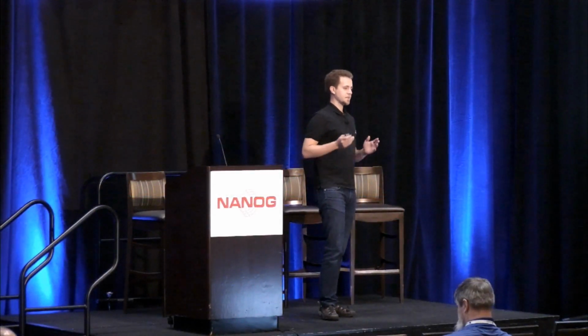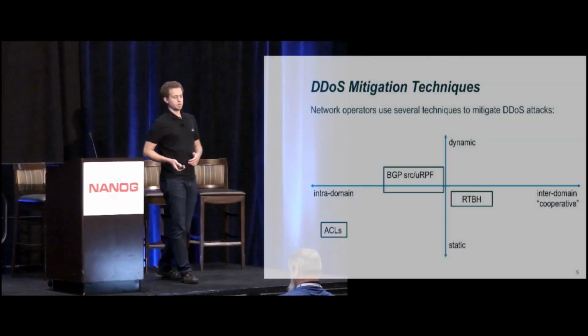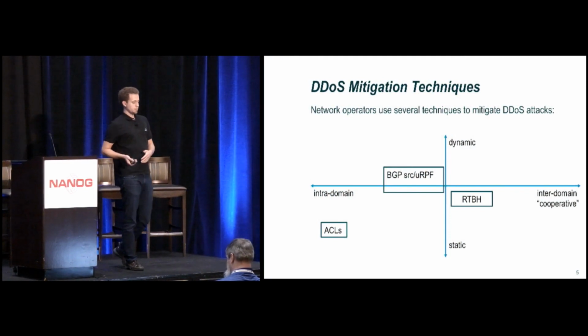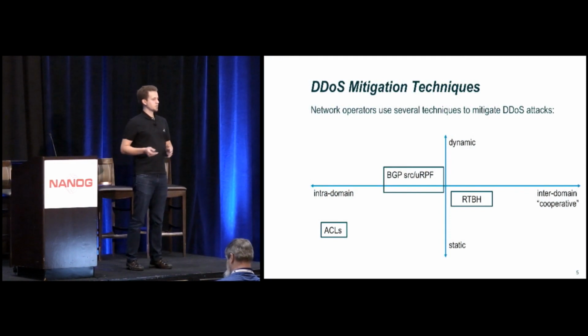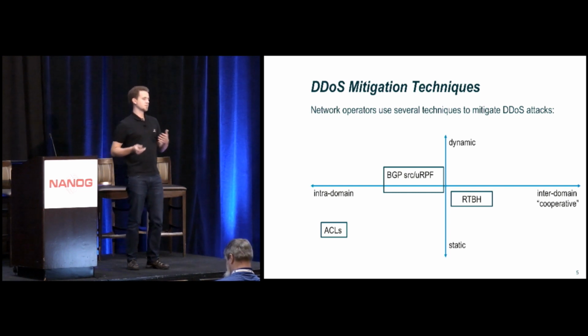And of course, access control lists, manually editing ACLs is kind of static, and you can do it only on your hardware. Then there's remote triggered blackholing. This is more interdomain. You're announcing a blackhole to your upstream. Upstream is blocking traffic. But it's also kind of static because you don't see when the DDoS has ended.